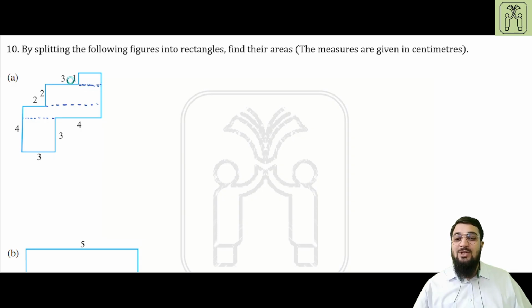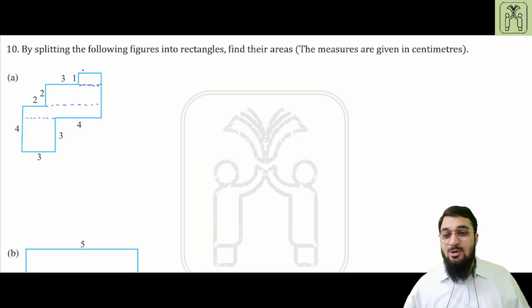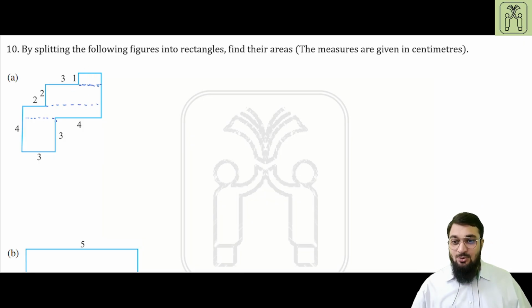Okay, so here this width is 1, but what about its length? That can also be found out. 3 plus 4 is the total length of the figure. Okay, and from that we have to subtract 3 and 2. So 7 minus 5 will give us the answer, that is 2.